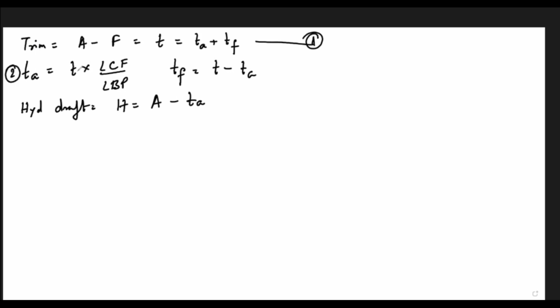If TA is equal to trim into LCF by LBP, ideally the best way to remember is in this way: trim by LBP is equal to TA by LCF, so TA on the left hand side and LCF. Similarly, can we have anything for TF?